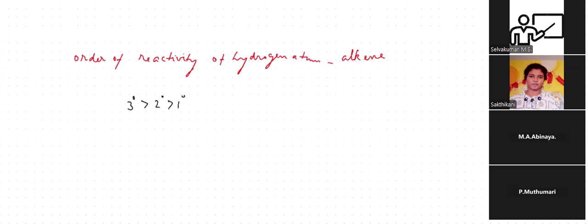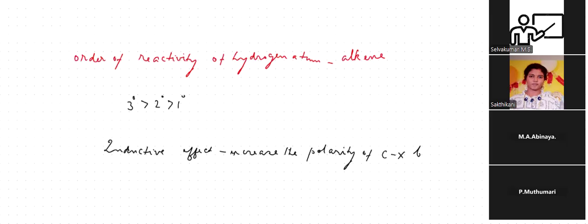Because the inductive effect of alkyl groups increases the polarity of the CX bond. CX means the bond between carbon and halogen.